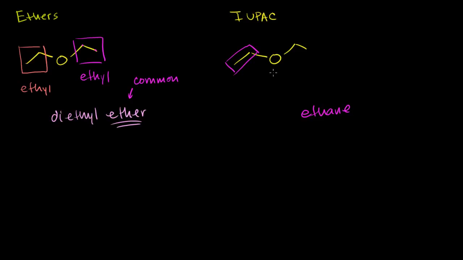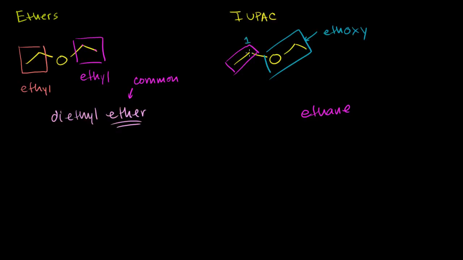And then you say, okay, I have this alkoxy group. We put the oxy at the end of it because it has this oxygen right here. But the alkyl part of it has 2 carbons, 1, 2. So we call this ethoxy. So we have this ethoxy group attached to the 1 carbon.